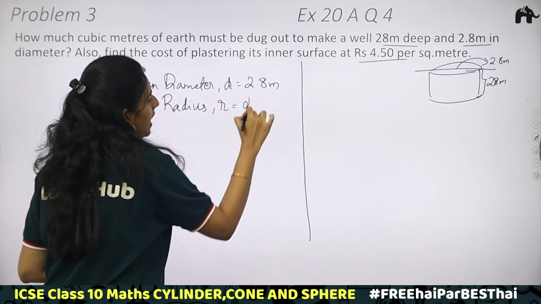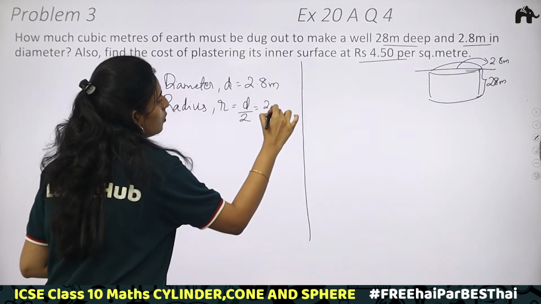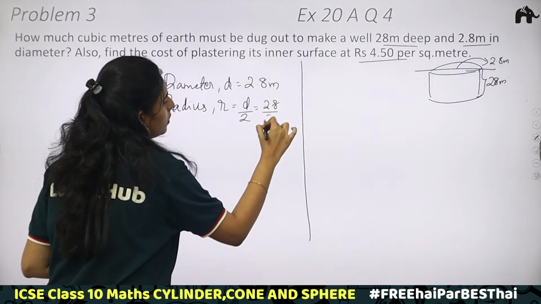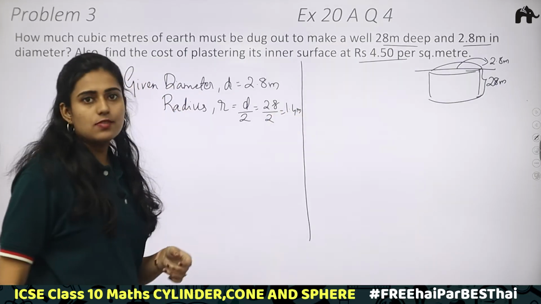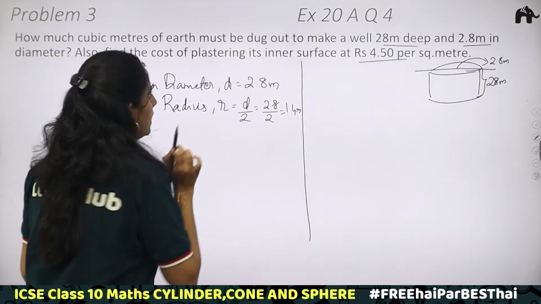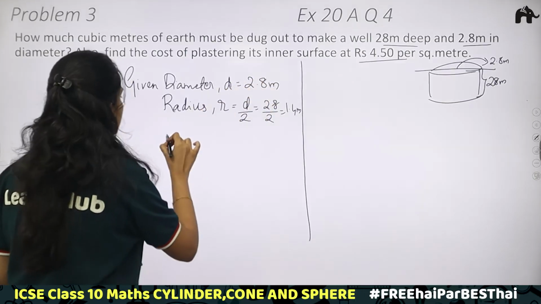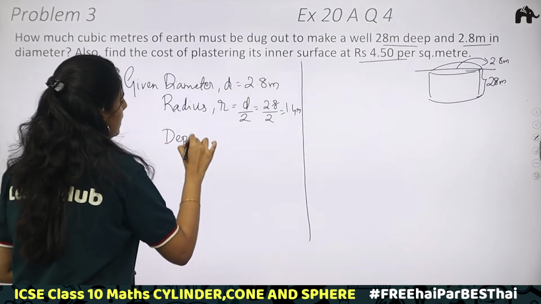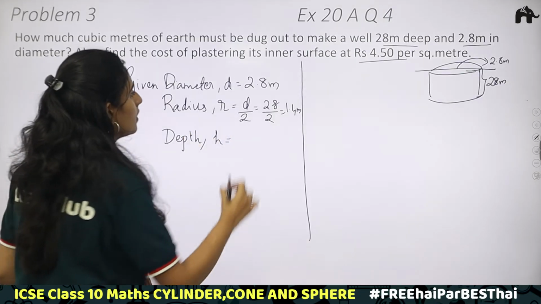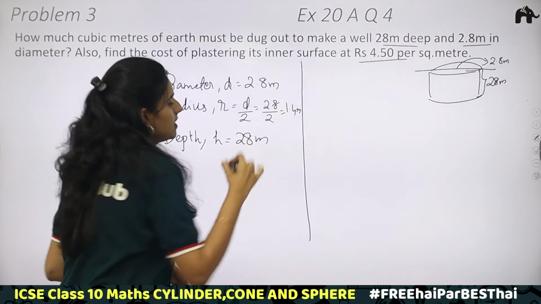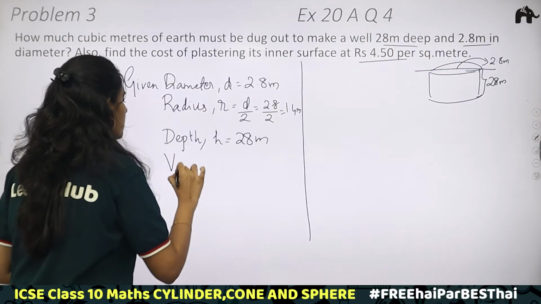R is equal to diameter divided by 2. 2.8 by 2, which is 1.4 meter. Okay, the radius is 1.4 meter. Next, it is given the depth. Depth h is equal to 28 meter. Now we can find the volume.